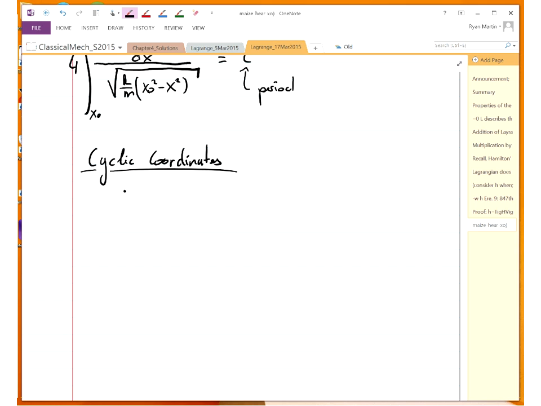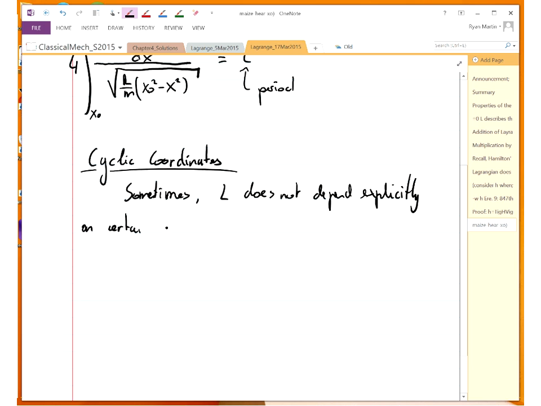But it might not depend explicitly on the coordinates themselves. Sometimes L does not depend explicitly on certain coordinates. We call those coordinates cyclic.